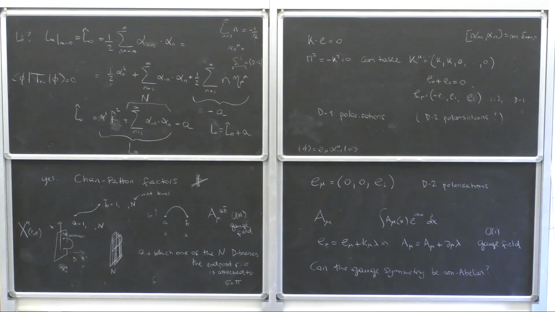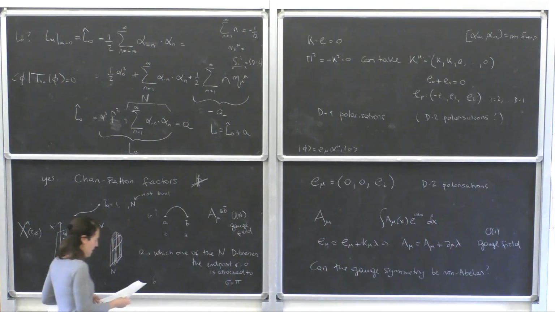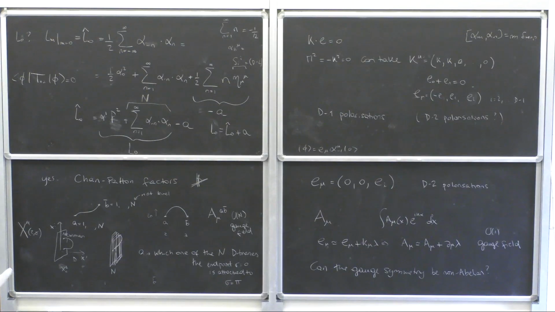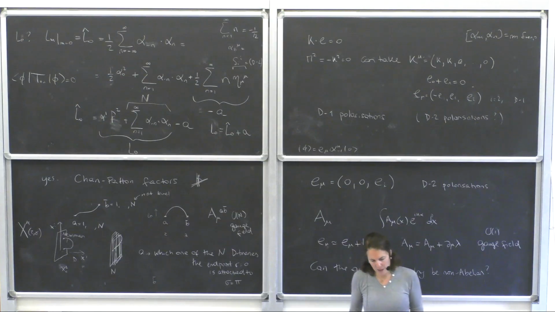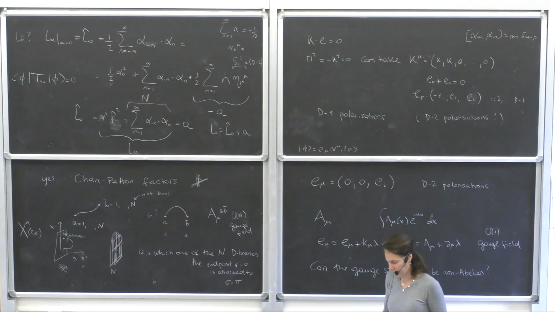Okay. The closed string is easy. It's just the tensor product of open strings, and you don't have these Chan-Paton degrees of freedom, so it's not hard. We can do that quickly in the afternoon, and then go on from there.